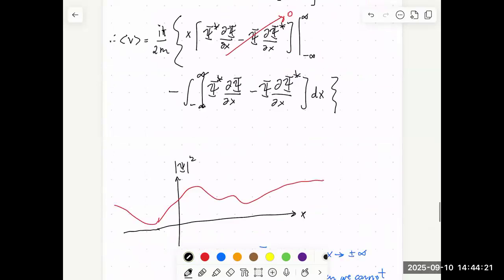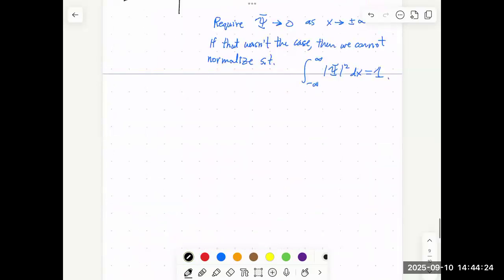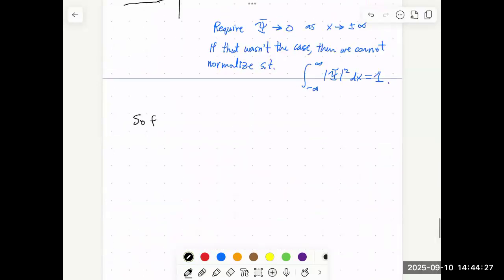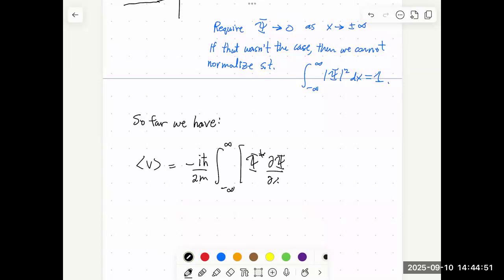Okay, so let me just copy this down. I'm going to try to write it nicer. So far we have the following. We're calculating the expectation value of v, and we have got it to the point where it is minus i h bar over 2m, integral from minus infinity to plus infinity of phi star d phi dx minus phi d phi star dx, integrated over x.